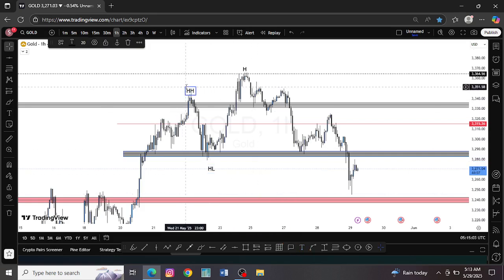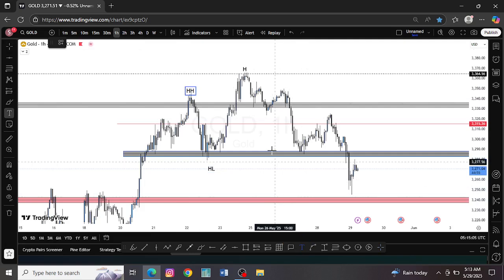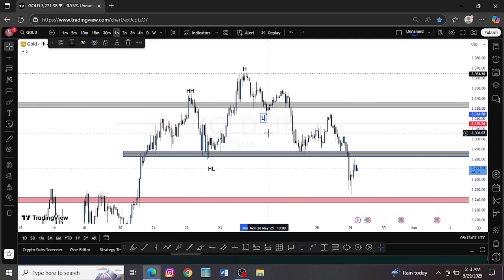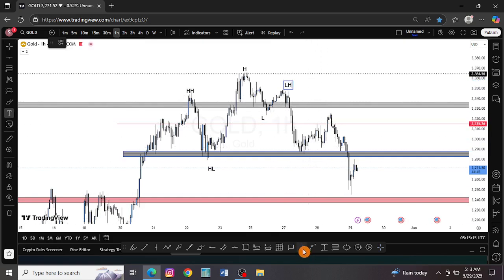This was the previous higher high point, and then price gave us this particular low point to work with. From this low point, we had the lower high, which was the first lower high point, and then we had our first lower low point, and now we have our second lower high point to work with.